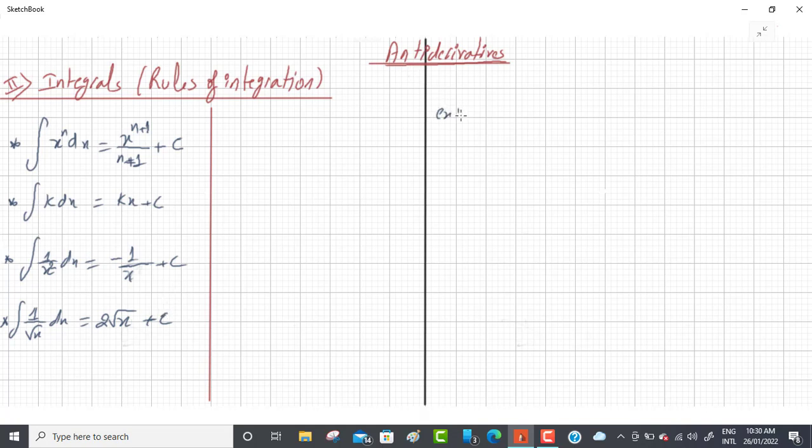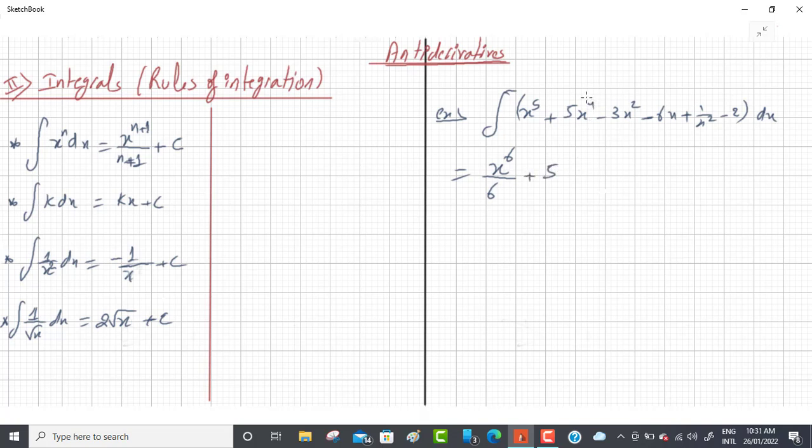For example, if you have the antiderivative of x power 5 plus 5x power 4 minus 3x squared minus 6x minus 1 plus 1 over x squared minus 2, and you need to calculate its antiderivative. If you have plus or minus between the terms, you can calculate the antiderivative of each term separately. For x power 5, you only have to add 1 to the exponent, it's x power 6 over 6.